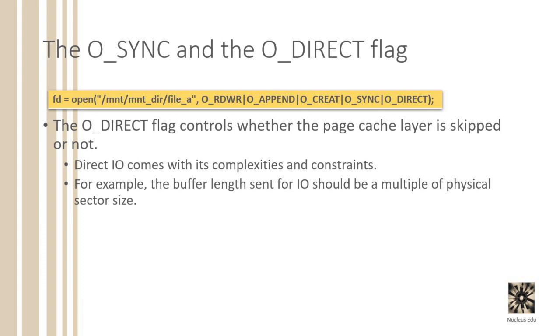So, for example, the buffer length sent for IO to the read or write system call should be a multiple of the physical sector size of the disk below, right? And if you recall, this is one of the reasons why we were using a character buffer of length 512. If we would have used something smaller, it would have worked for an open call which doesn't have O_DIRECT, but for the ones that have O_DIRECT, the IO could have failed.